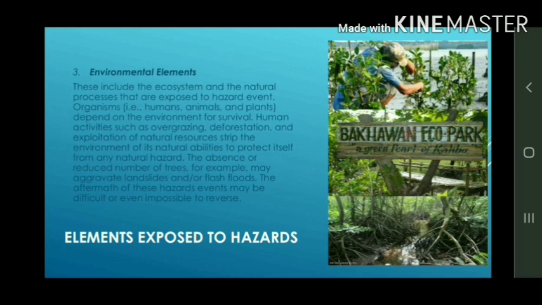For example, in our image, the Bakhawan Eco Park is a mangrove reforestation project in Kalibo, Aklan, in order to prevent flood and storm surge in the community in New Buswang, Kalibo, Aklan.